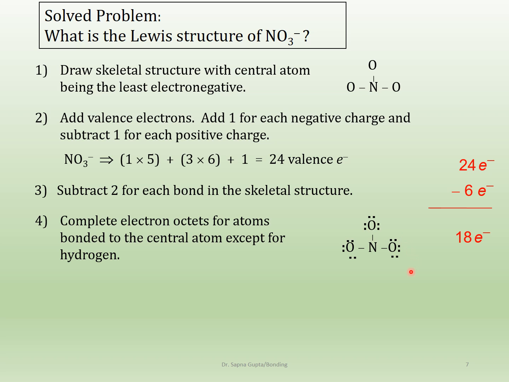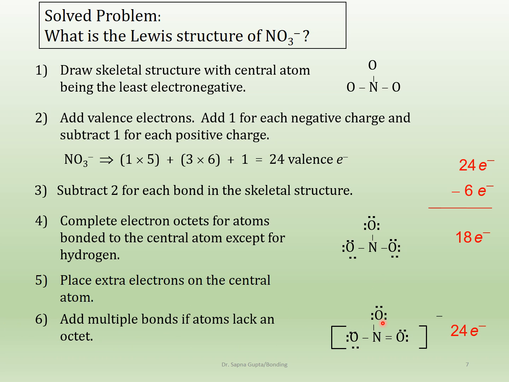Because each of them has 8 electrons, 1, 2, 3, 4 pairs of electrons. But nitrogen is not very happy. Nitrogen has only 6 electrons here. So what we're going to do is rewrite the structure a little bit. We'll place some extra electrons in the central atom, and we'll draw a multiple bond between nitrogen and oxygen.